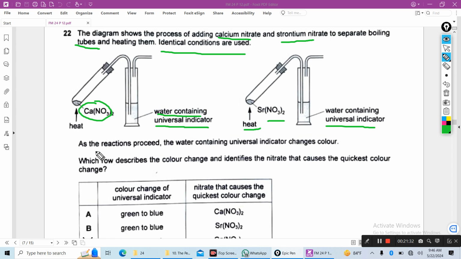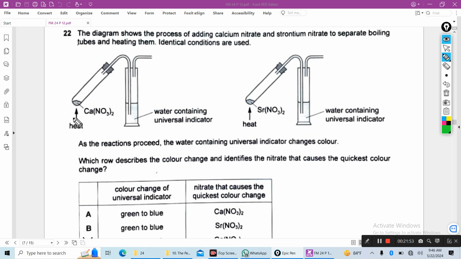As the reaction proceeds, the water containing universal indicator changes color. Which row describes the color change and identifies the nitrate that causes the quicker color change?